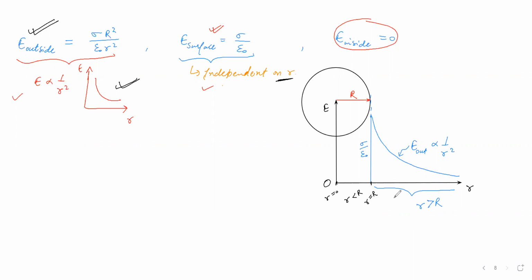Yes, sir. And for r equal to R, this represents the surface. r equal to 0 represents the center. Are you clear here? Yes, sir. And this one represents outside. Note it down, please. Sorry, draw this graph, please.